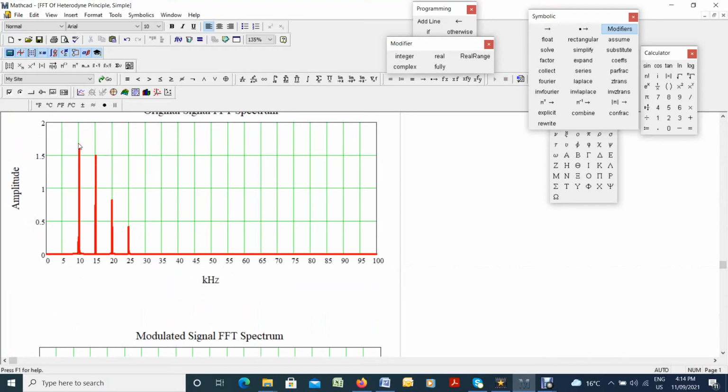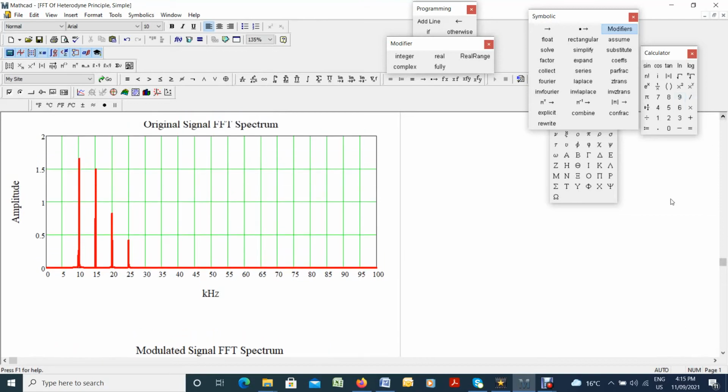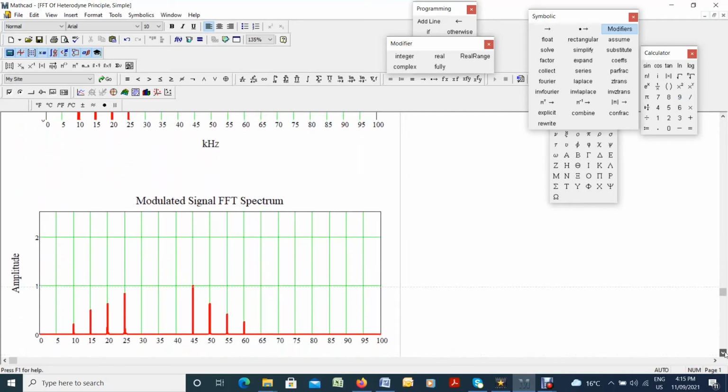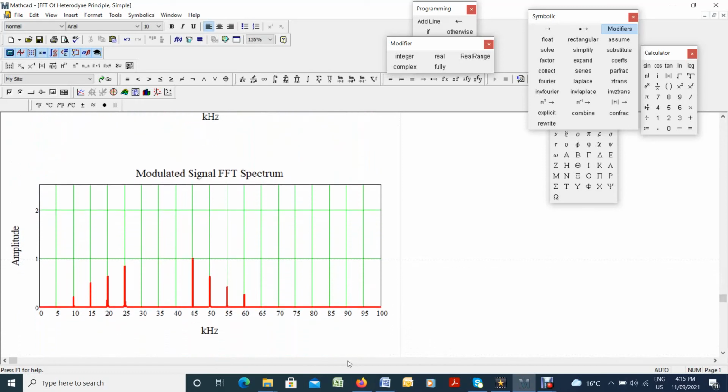Oh, okay, this more or less resembles the amplitude ratios of 4, 3, 2, 1. A little bit better. This is all numerical simulations, and you don't exactly always get what you want. Okay, the modulated spectrum, well, here it is.